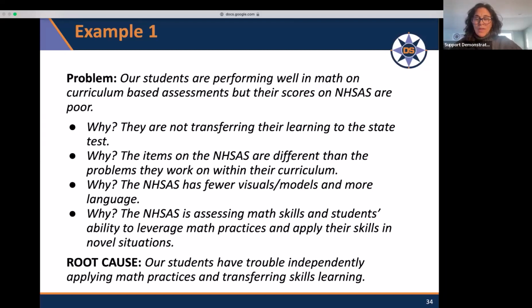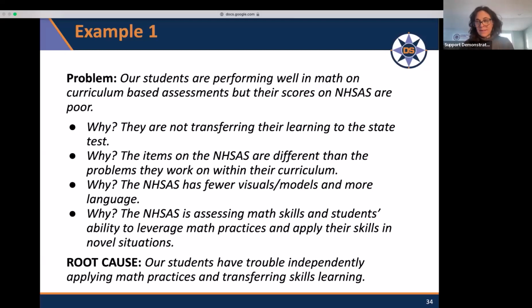So that now lets you think about, okay, what can we do to help them? Your solutions are now focused on independence, integrating math practices, and transfer daily, right?